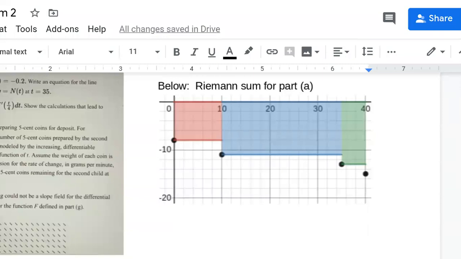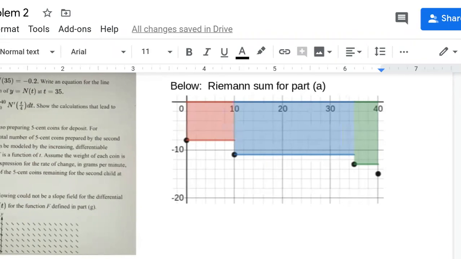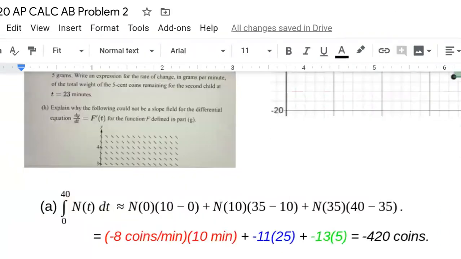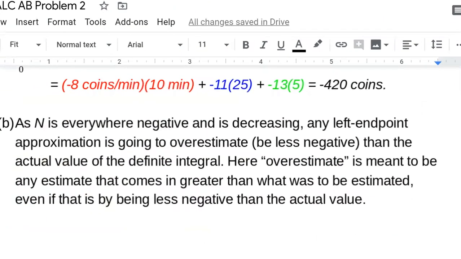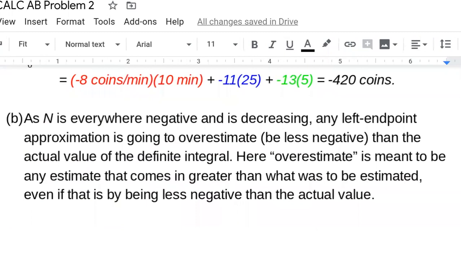All these approximations for those respective areas are underapproximations. So this is a little bit tricky, I guess. The language used here is, I don't know, maybe ambiguous. I don't know, it was hard to Google this. I tried. As n is everywhere negative and is decreasing, any left endpoint approximation is going to overestimate.